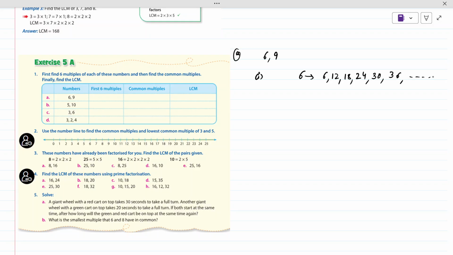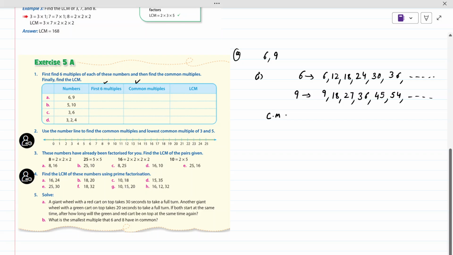These are the first 6 multiples of 6. Coming to 9, we have 9, 18, 27, 36, 45, 54 and so on.